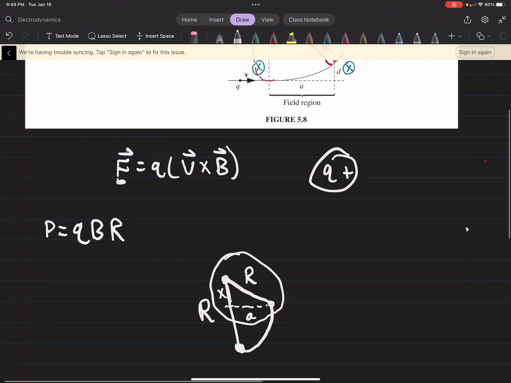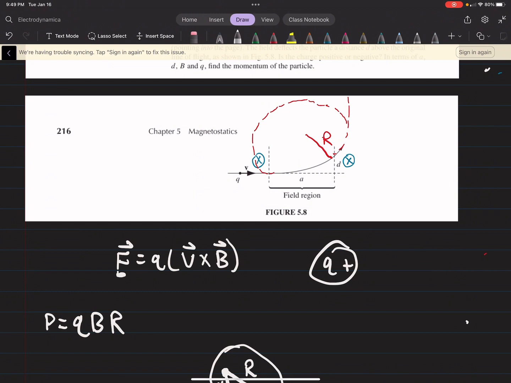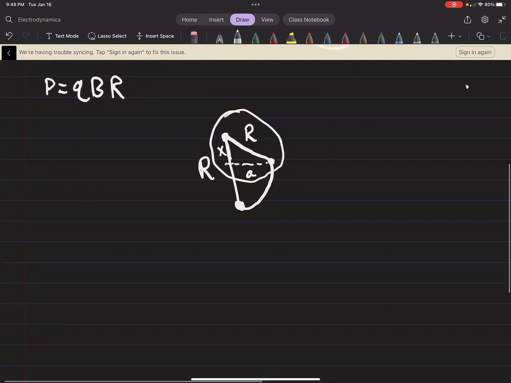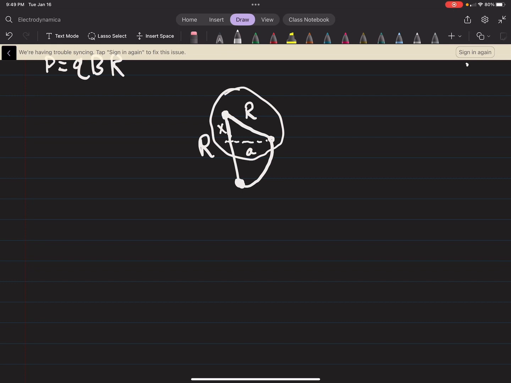Well, what is x? If we look at our picture here, our x is the distance d. I'm sorry, x is not the distance d. d is this portion of our circle, so everything that's not x. So r is equal to x plus d, is what I'm trying to say. Which means r minus d is equal to x, which is that side of the triangle we're interested in.